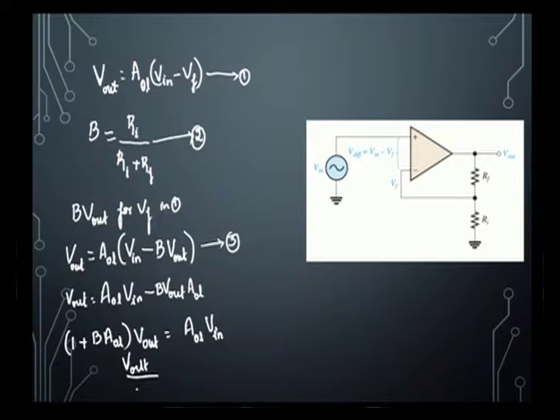So, V out divided by V in is equal to AOL divided by 1 plus B into open loop gain. This is the equation we got after simplification.